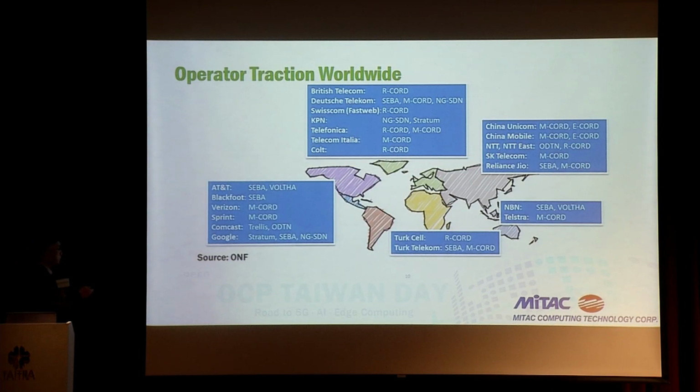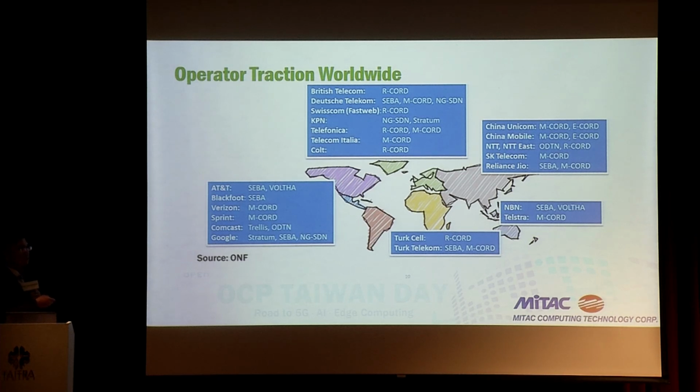This picture shows you how many telco companies worldwide already use the ONF solution. And we need to think about how many telco companies have already started to adopt OCP solutions. Per our information, there are several telcos in Europe and the US that have already started to take the OCP solution with the ONF core architecture to deploy next generation telco services.